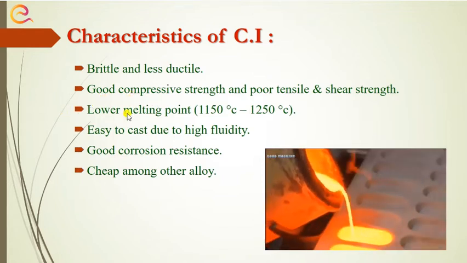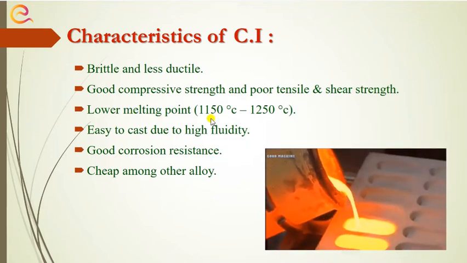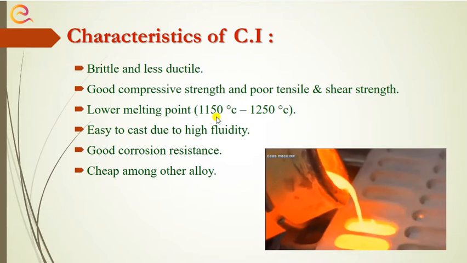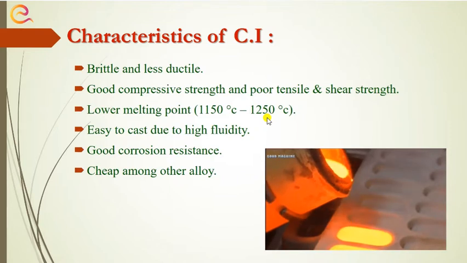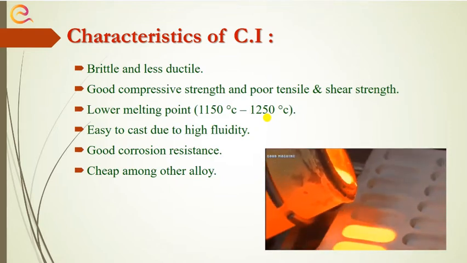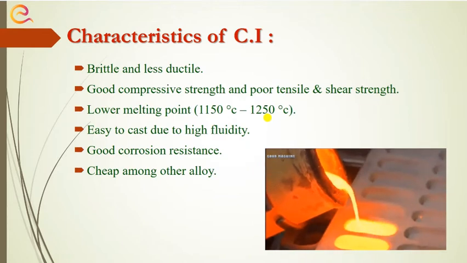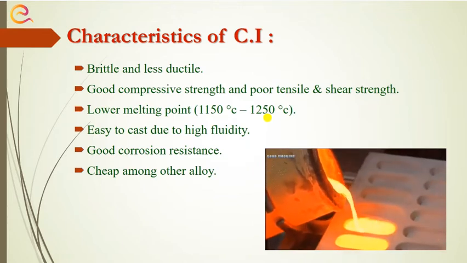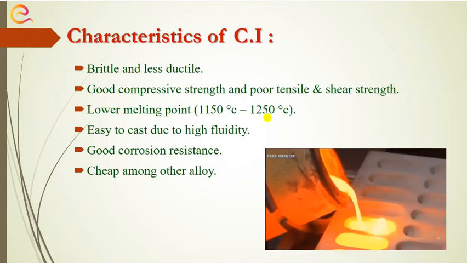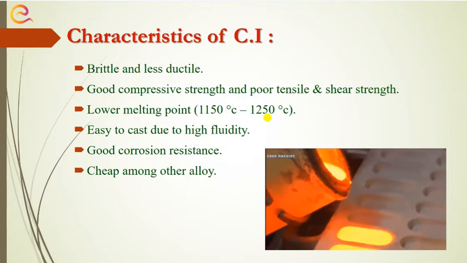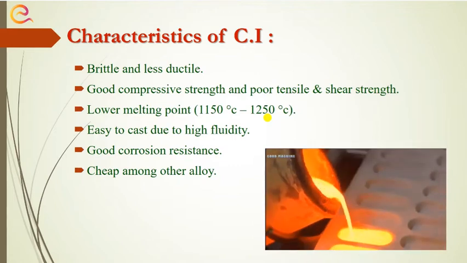Then third one is cast iron is easy to melt due to its lower melting temperature, that is 1150 degrees Celsius to 1250 degrees Celsius, which is less as compared to steel, whereas steel has a melting temperature up to 1500 degrees Celsius. Means steel melts at 1500 degrees Celsius, and our cast iron melts at 1150 degrees Celsius. Okay, so it is easy to mold.